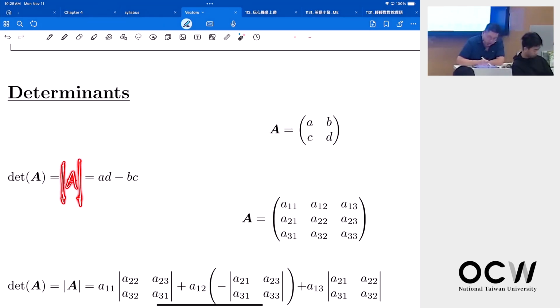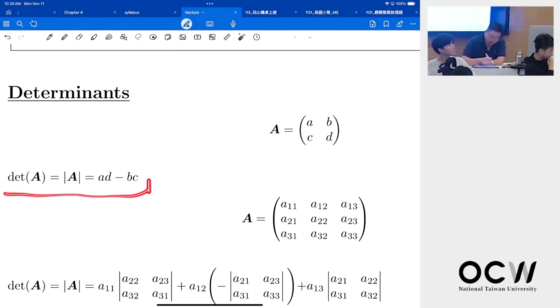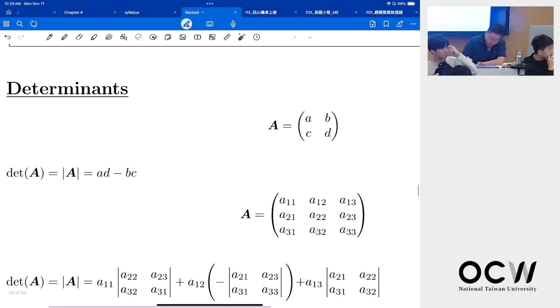For this A, it will be A times D minus B times C. Okay, at least you need to remember this: AD minus BC. That is for the 2 by 2 matrix.